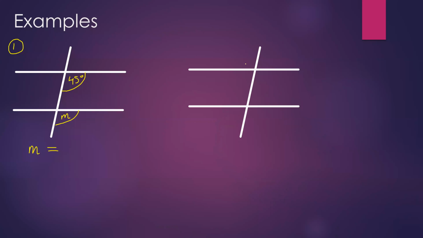And let's say we have this one right here. Let's say that this one is A. And let's say that this one is 49. What is the size of angle A? Okay. All right. Those are our 2 examples.